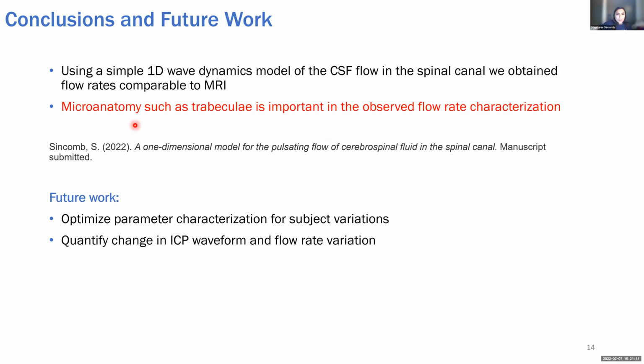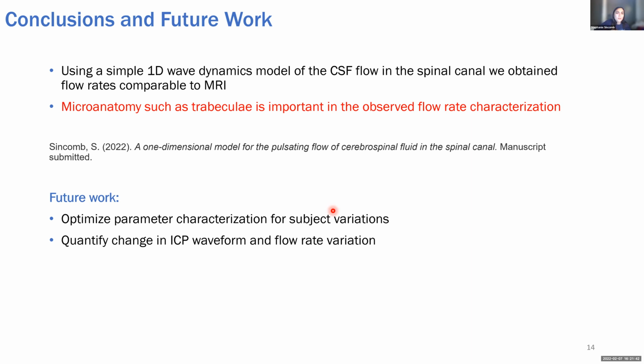Like I said, we recently submitted this, and we have a lot of future work that we're looking forward to for continuing this modeling effort, where we're going to optimize these parameters for an individual subject. So ideally, we'll have a range of subjects to measure. And as I mentioned, that resistance term, we just assumed it to be constant, but that can vary along the canal.